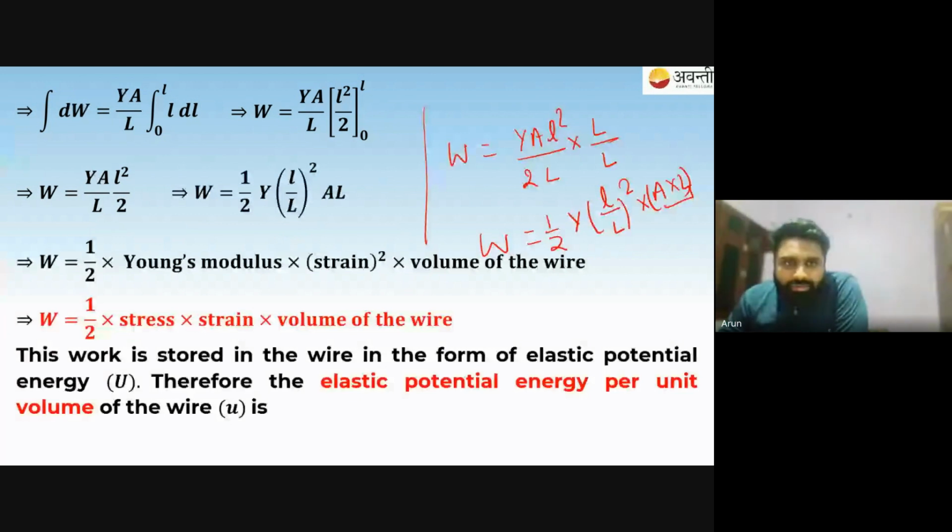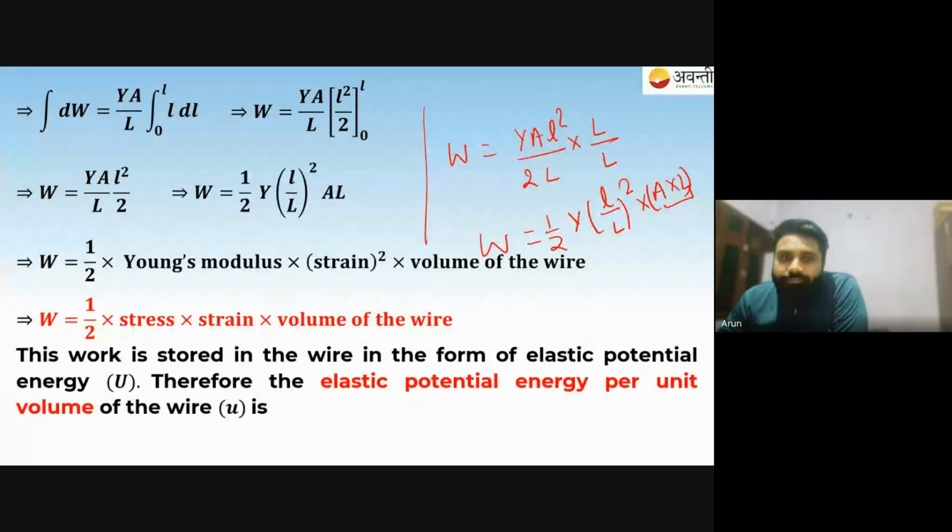So you can see that the work done here is nothing but 1 by 2 times Young's modulus into strain square into volume. This work is stored in the form of elastic potential energy in the stressed wire.